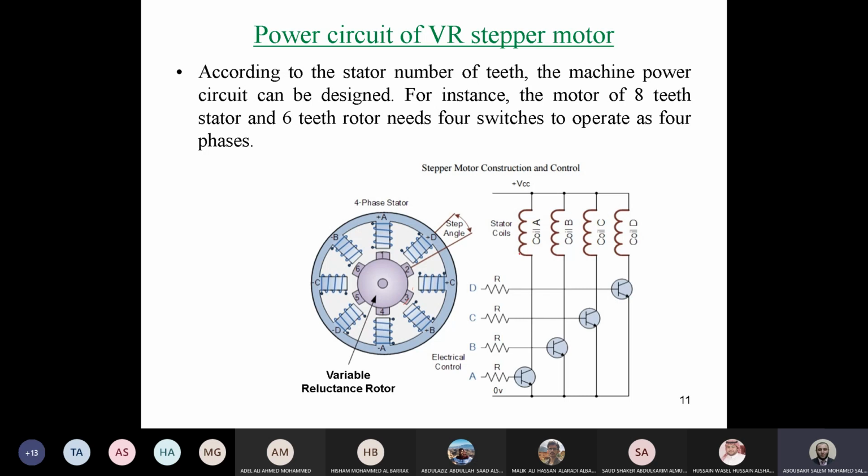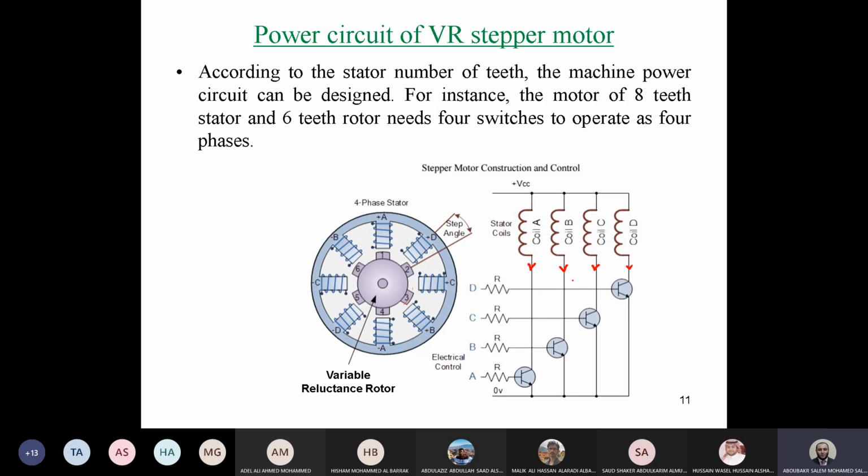Simply, you have the coils like that. We now have 4 phases, A, B, C, D. The energization is nothing but connecting the coil to a supply and flowing a current in it. So we need to move current in these coils in order to energize them.